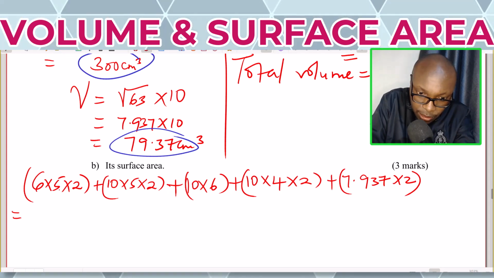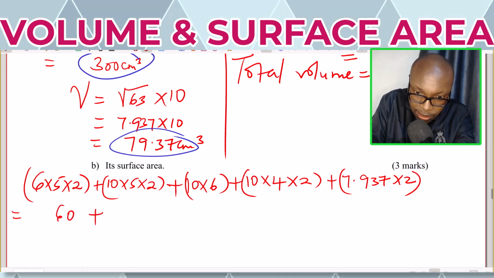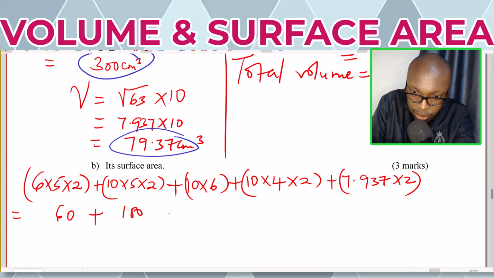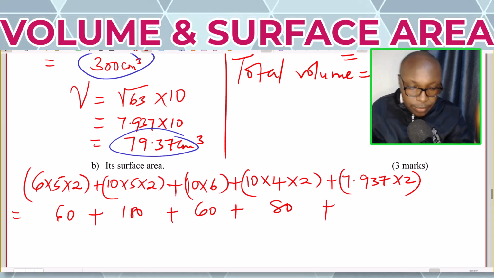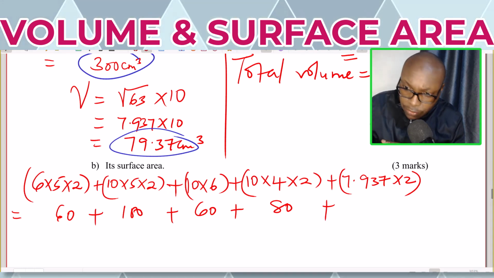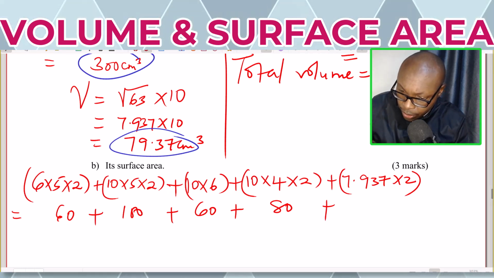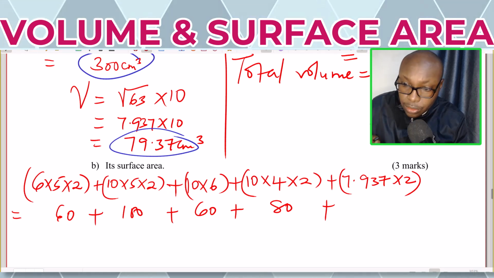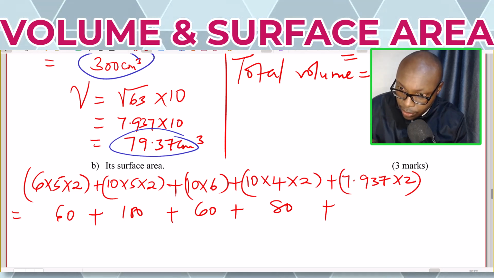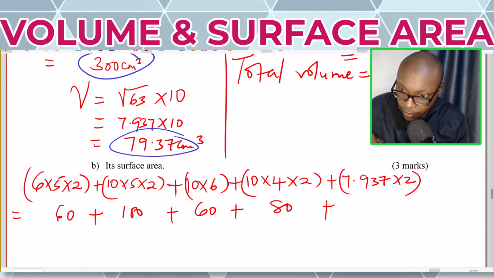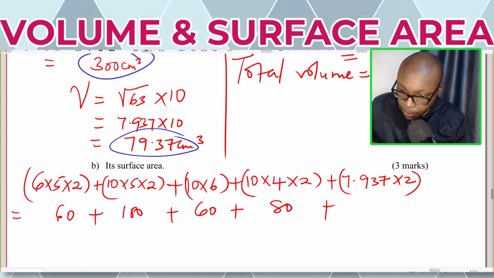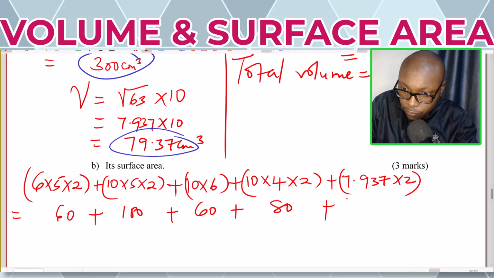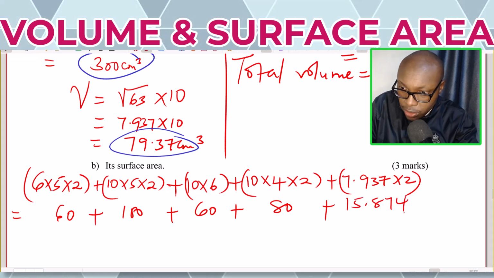So these will be 30, these will be 60, plus these will be 50 times 2, these will be 100, these will be 60, these will be 80, these 40, these will be 80. Then for this one, 7.937 multiplied by 2, 15.874.